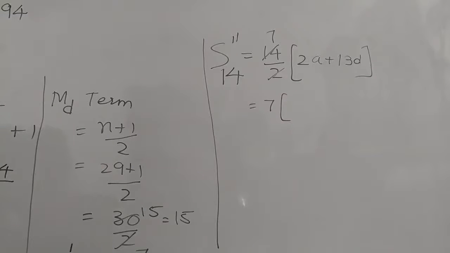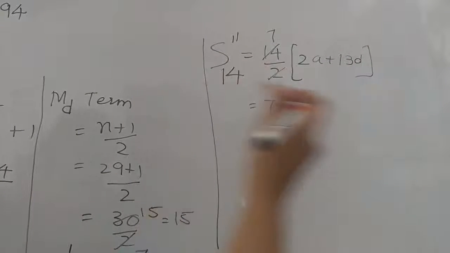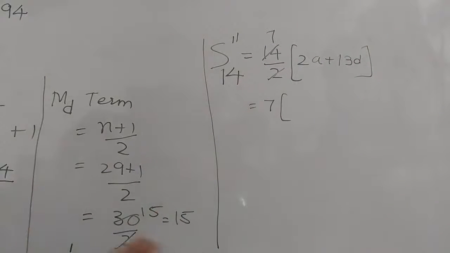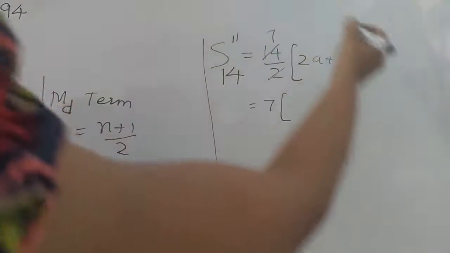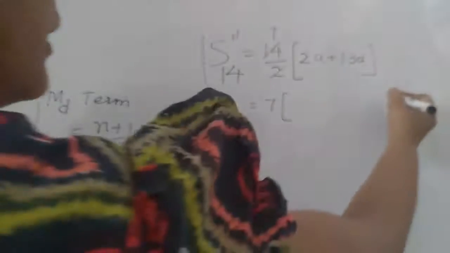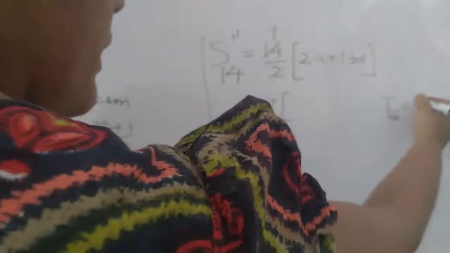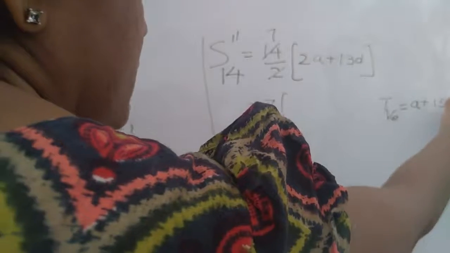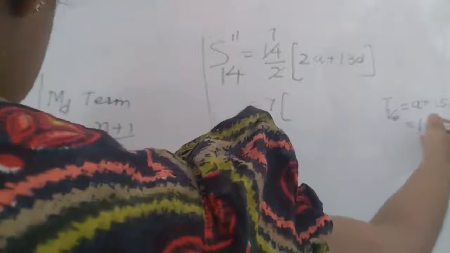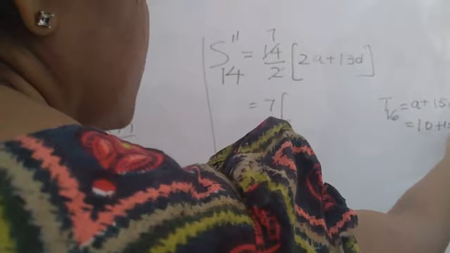The a value is the T16 term. The first term of that AP after the 15th term will be T16. So I am finding T16 first. That is a plus 15d, so 10 plus 15 into 3.